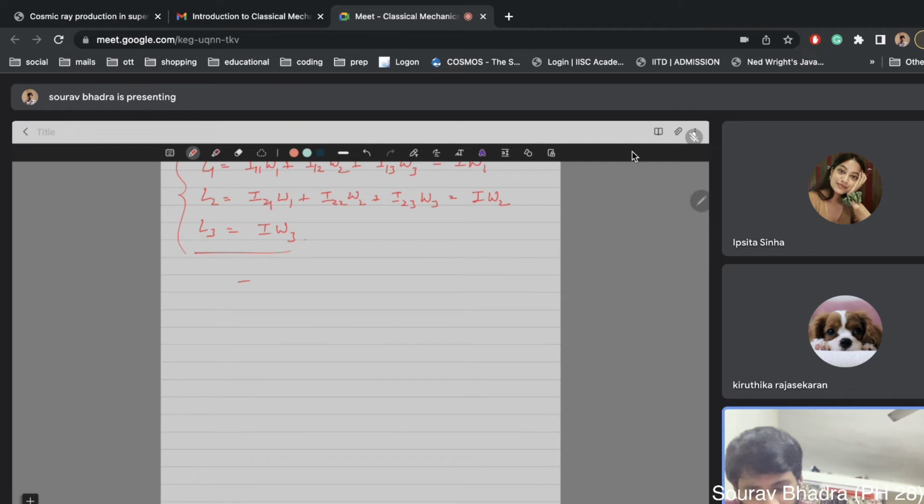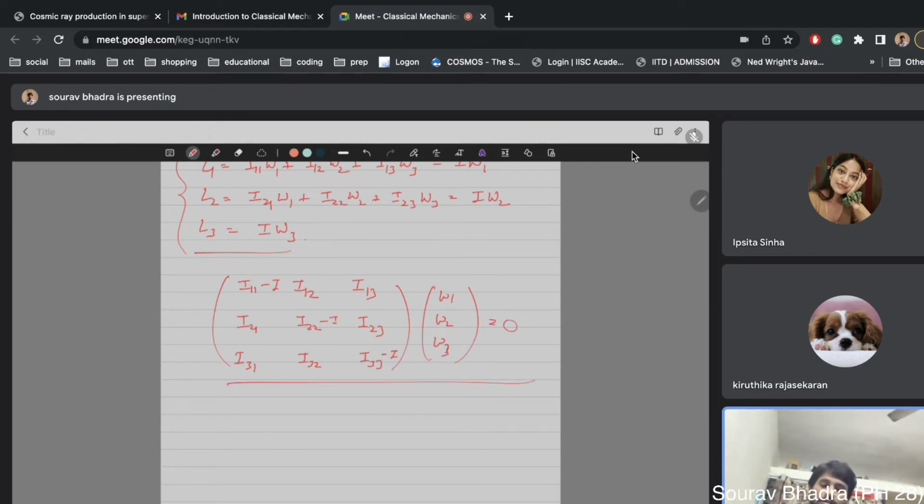That is, first write I11, I12, I13, I21, I22, I23, I31, I32, I33, and this minus I, times omega 1, omega 2, omega 3 equals 0. So I am just telling you how to solve. I am giving one new numerical prescription, you can say, so that you can solve the problem.